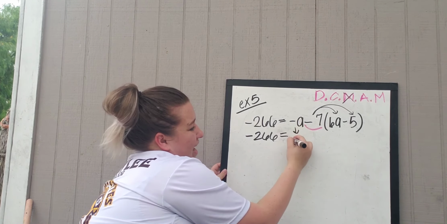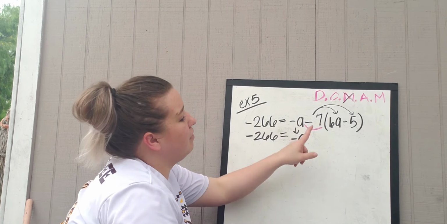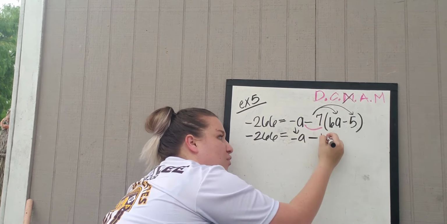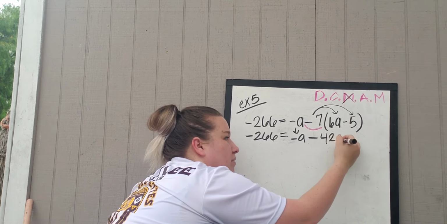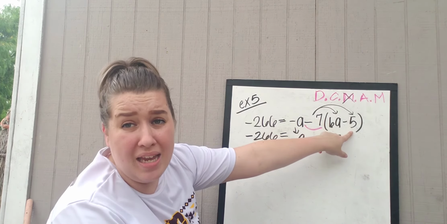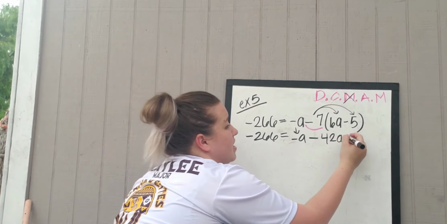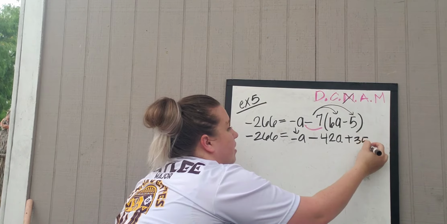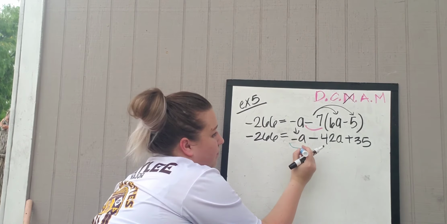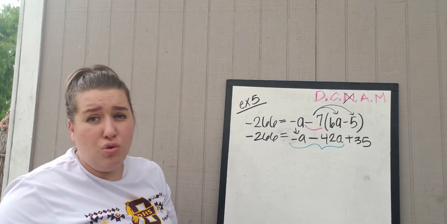Our negative a drops. But then we start multiplying. Negative 7 times 6 is negative 42a. Negative 7 times negative 5. Negative, negative, positive. Positive 35. Okay? Here's where you look. And this is what I see. 2 a's.